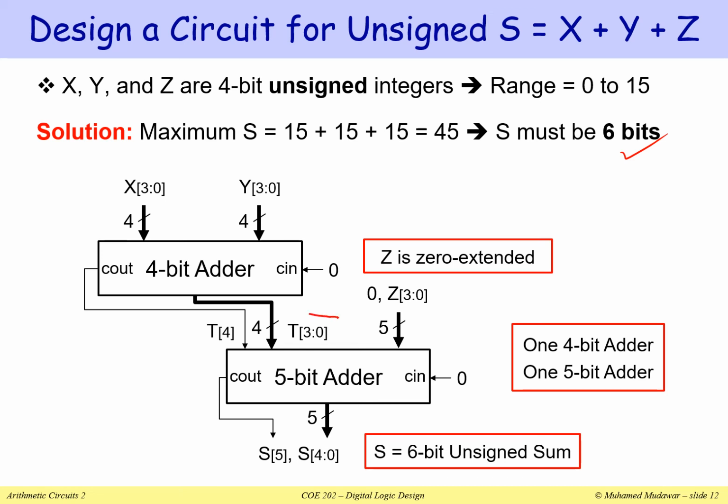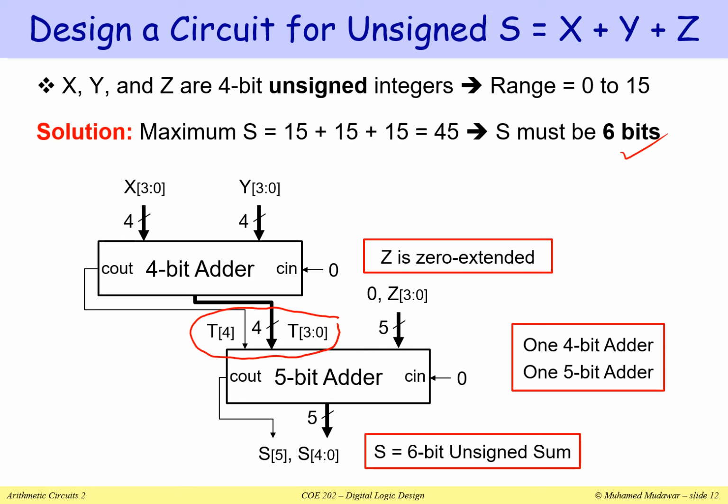Notice that t here will consist of 5 bits. The 4-bit adder is going to produce the sum, which is t3 down to 0, and the carry out will be t4. So this will be an extra bit for the sum. So now the sum will consist of 5 bits, the 4-bit sum plus the carry out. So these are 5 bits in total.